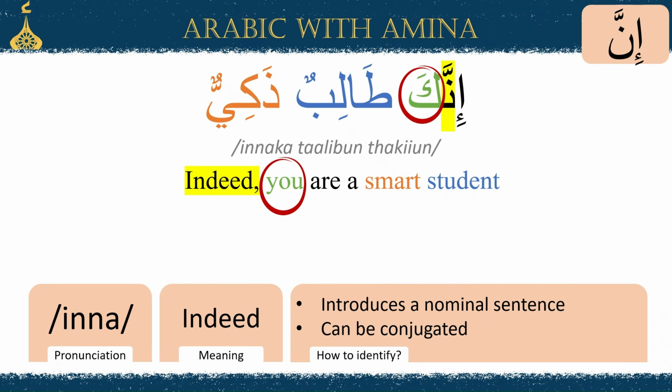So that's why you could also just translate to you are a smart student. Same goes if you were going to say innaha ummi, which means if you translate it with the indeed or truly, that is she is my mom. But you don't actually speak like that. So when I say innaha ummi, I'm just saying it's my mom or she's my mom.